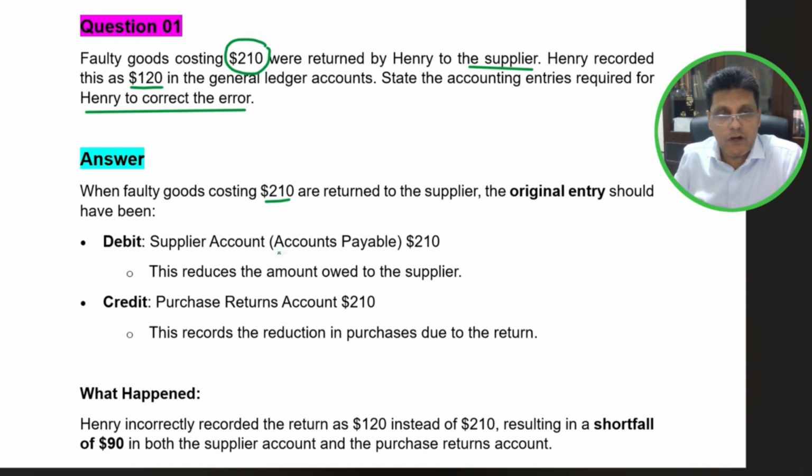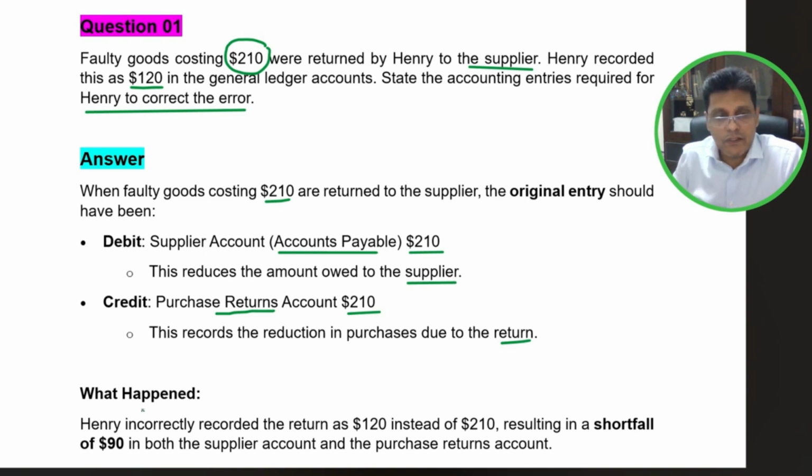the accounts payable account should have been debited by $210, so that this will reduce the amount owed to the supplier, and it has to be credited to the purchases return account by $210. So as a result of that, this will reduce the purchases due to the return.